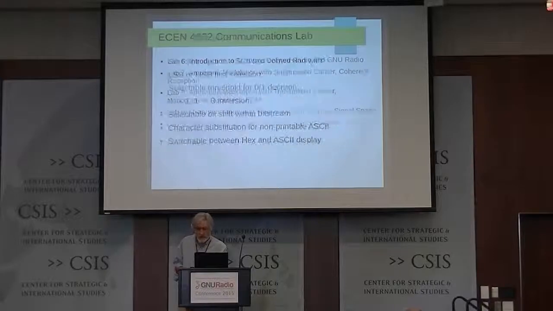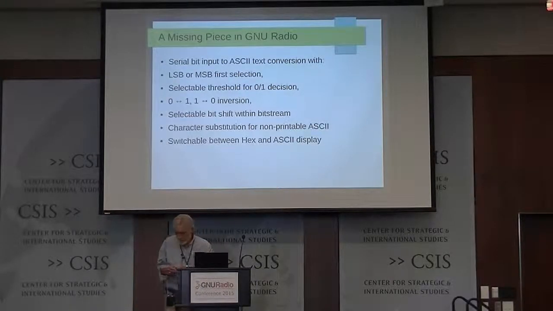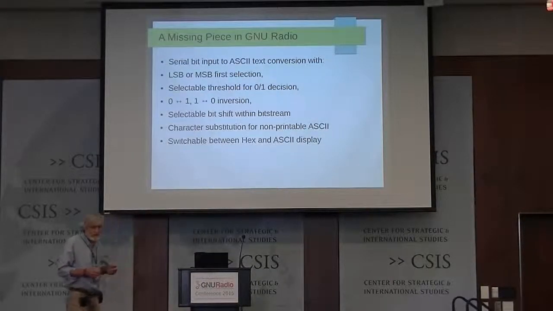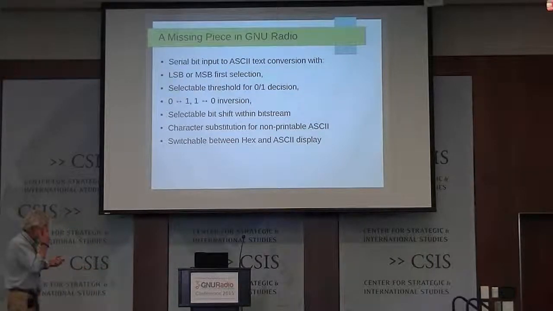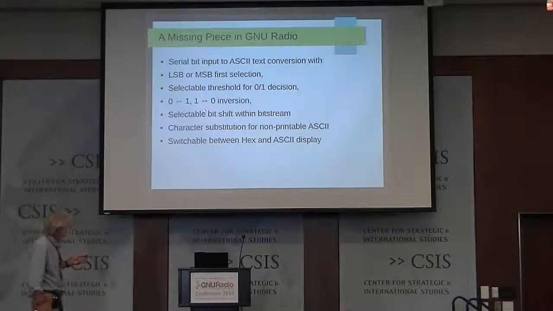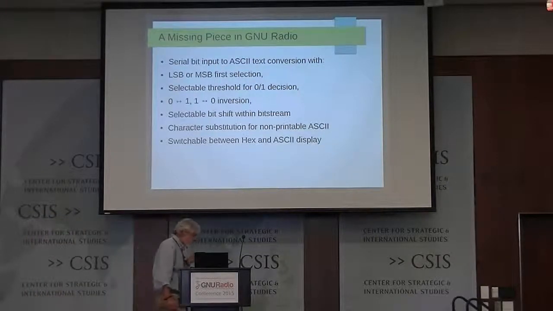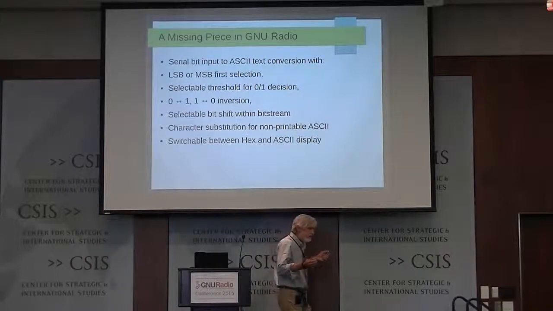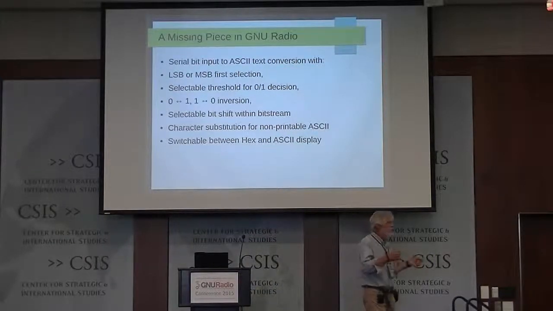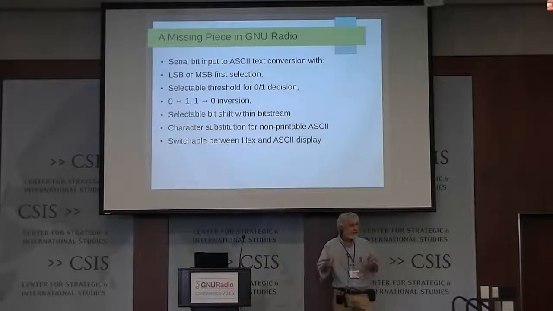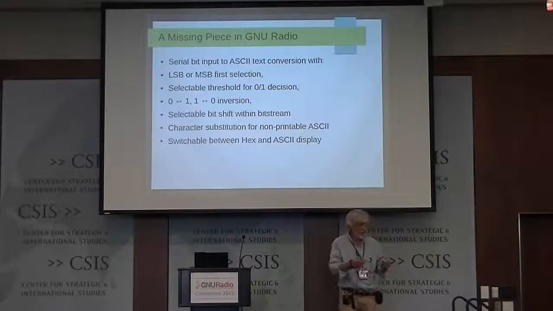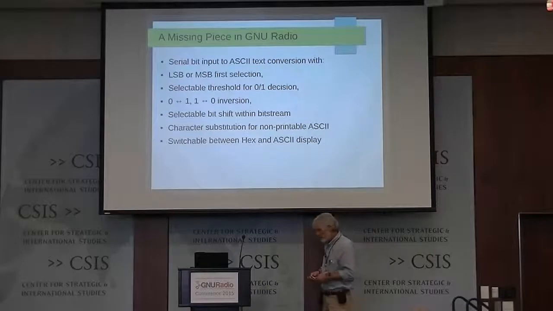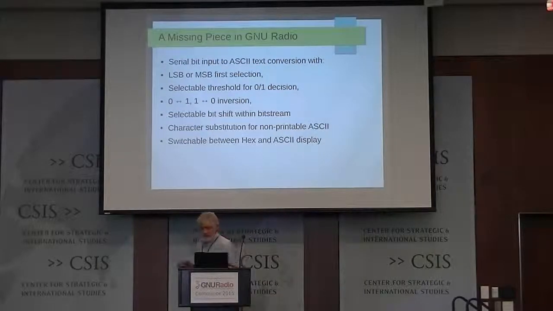And so what this means is that we need to work at the very basics of the digital communications, and one of the things that I found was missing is a way to just inject the message on one side, an ASCII text message, and then make this into a serial stream of bits, add some noise perhaps to it and so forth, make it into a waveform, and then receive it again, and see whether you can get the ASCII text back and actually visually see that text.